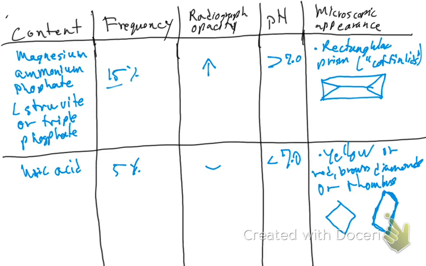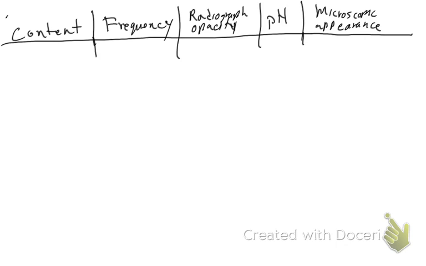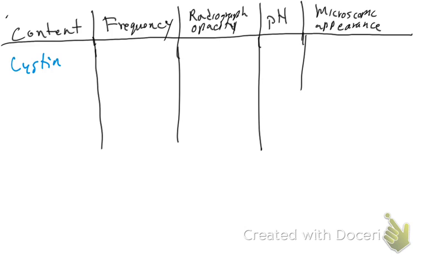Okay, so that was uric acid. Then we have one more, which is the least common, and this one is called cysteine. The frequency is 1%, radiopacity yes, and the pH less than 7.